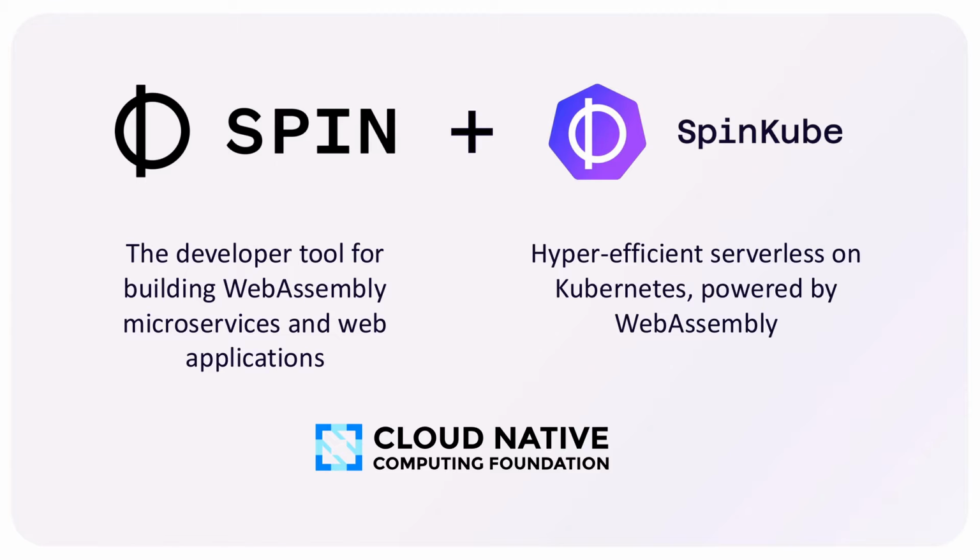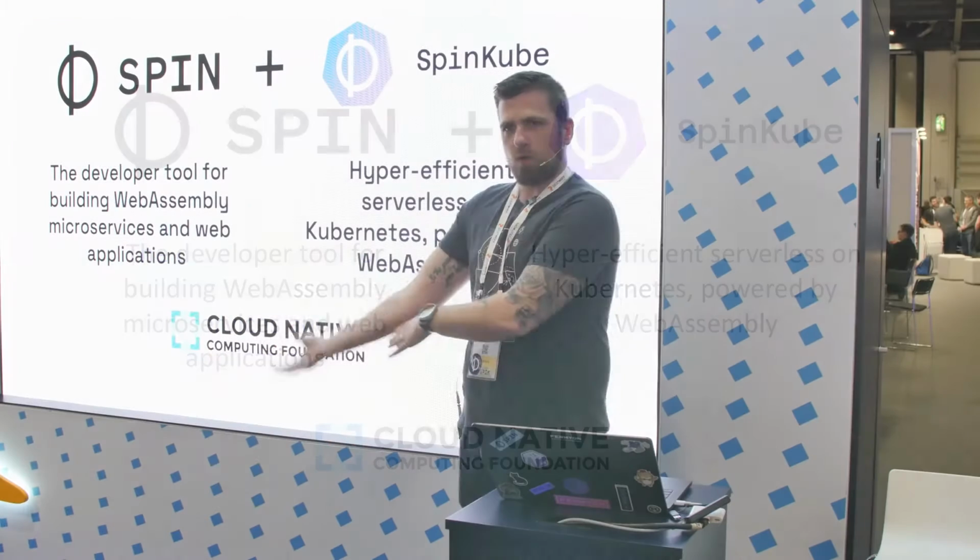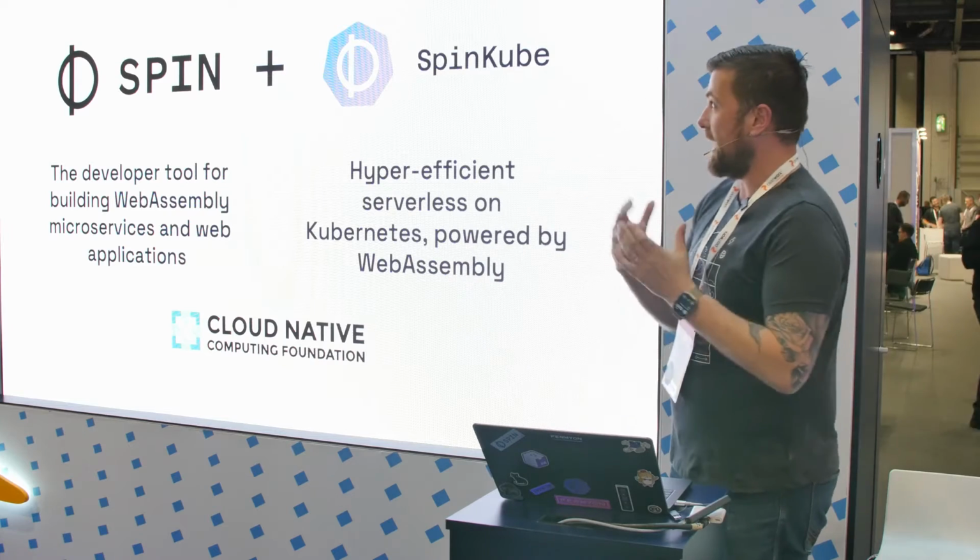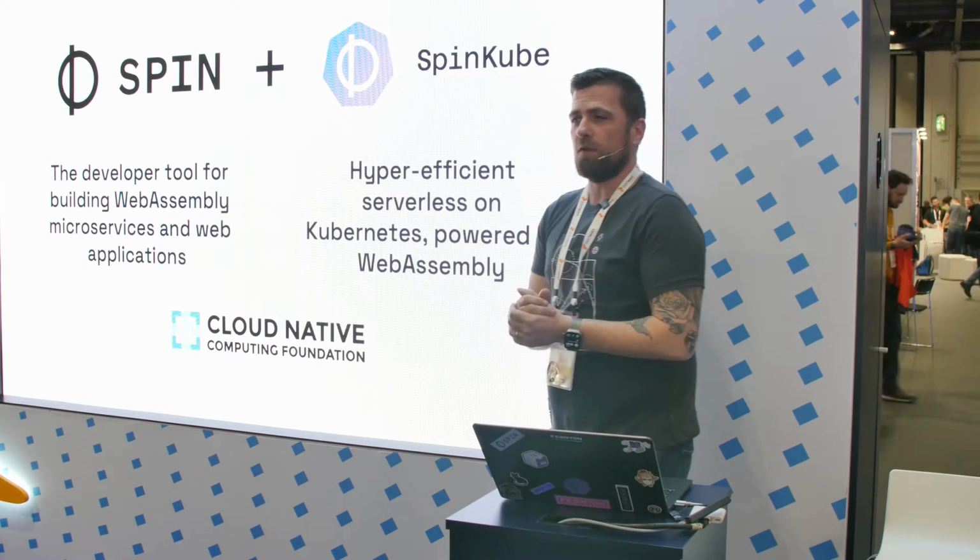So as of today, we support languages like Rust, Go, TypeScript, JavaScript, Python. Zig is also in there, obviously C++, and we have experiments with C# so that you can compile your .NET workloads also to WebAssembly and run them on different runtimes.